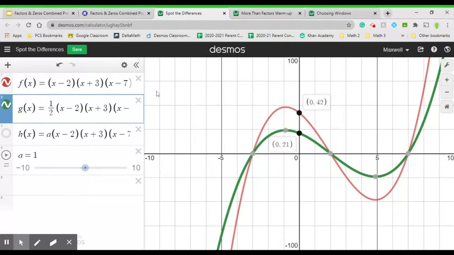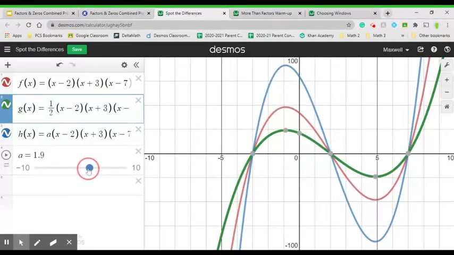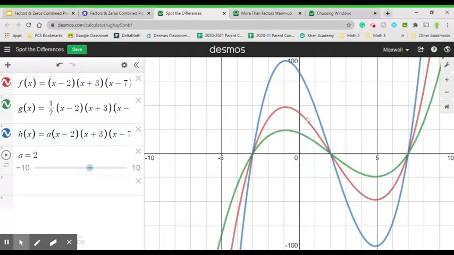Now, if we skip to number 3, if we have h of x now, and you are changing the a value in the front, like if I changed it to 2, we can see that we are dilating these functions while keeping the x-intercepts the same. We're not changing what these factors are, we're just multiplying something through the first one.